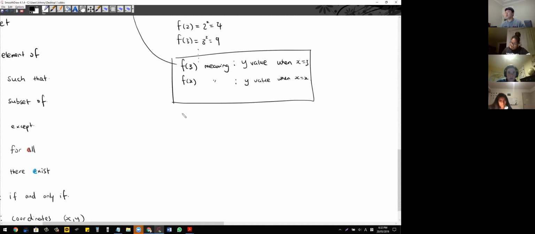So let's say I have f of x is equal to x squared plus 2x plus 5. Let's plug in 1 here. Then what do I get? The answer is 1 squared plus 2 times 1 plus 5, which is 1, 2, 5. So the answer is 8. So what's the meaning of all this?